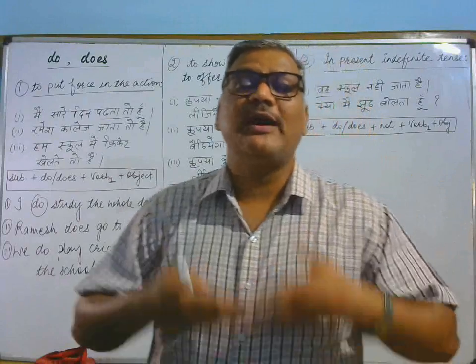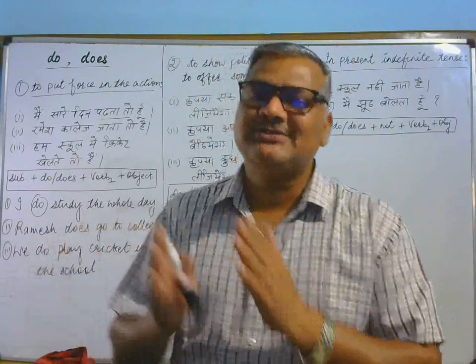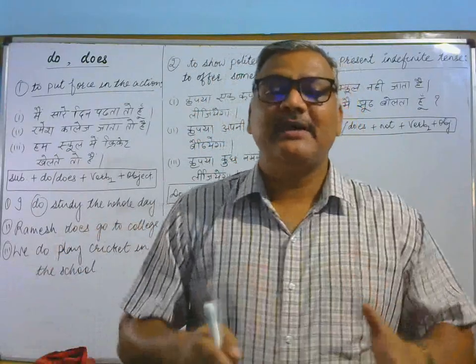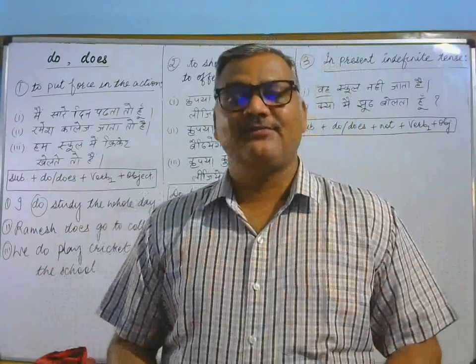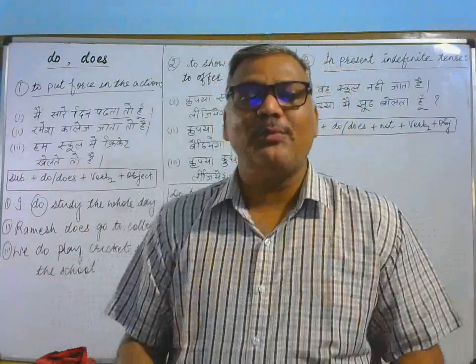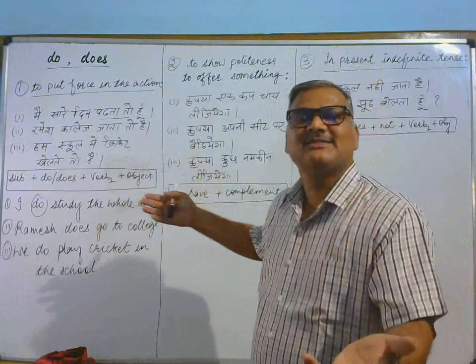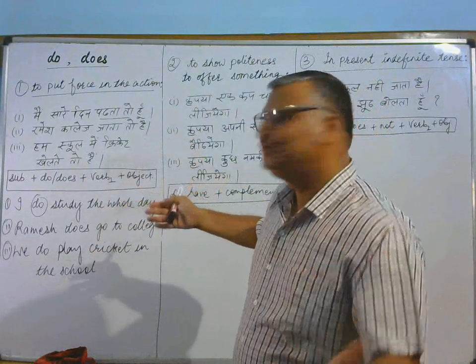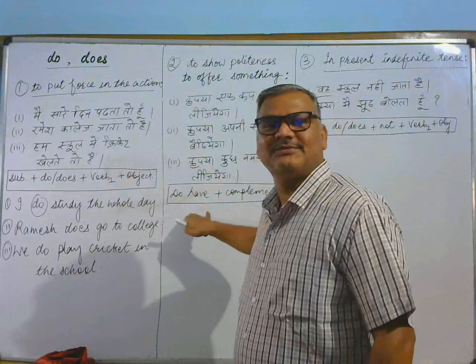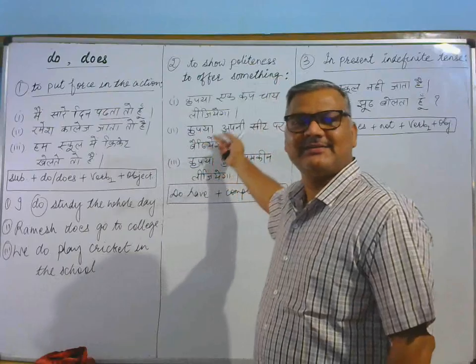So, if you want to show your politeness, not just formality, but you really want from your heart, you want to show more politeness in offering something, you should use do have. Do have.